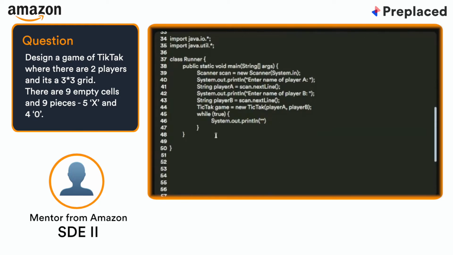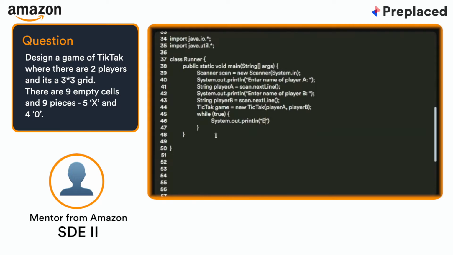So let's just do one thing now. So now the user has to enter his particular rows and columns, right? So I will be printing that thing here.